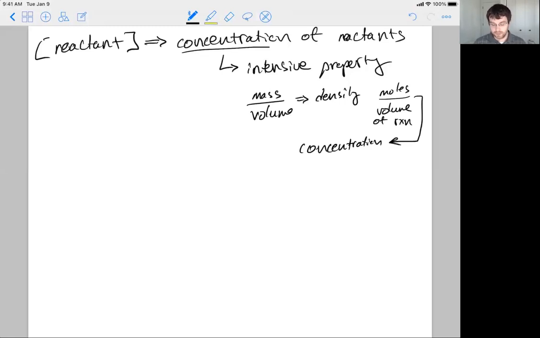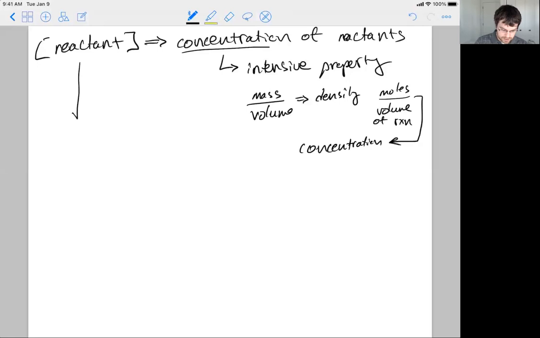Now with that said, we're going to rely on concentration as our attribute to study as we're understanding reactions. Maybe I made the discussion of concentration more complicated, but anyway, that's what we're going to use.